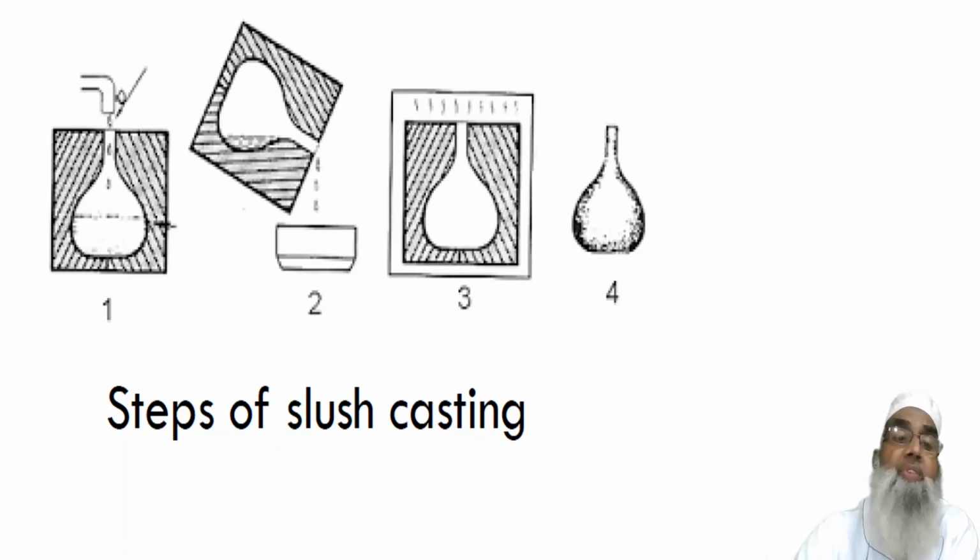When we think that sufficient thickness has been gained, the extra material is poured out. Then it is allowed to cool so that it gets strengthened, and after that it is taken out.